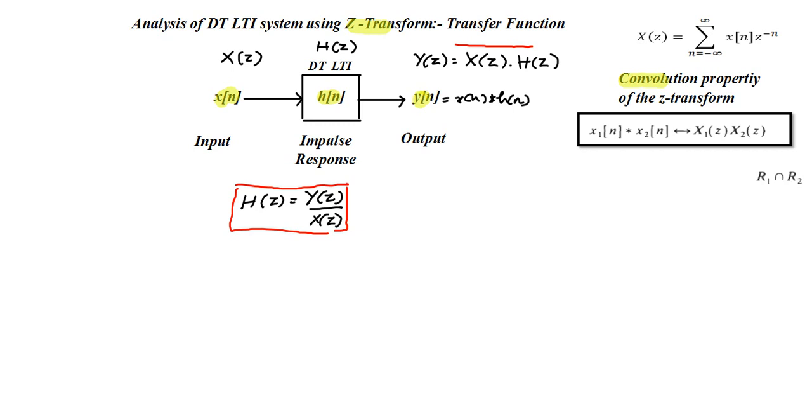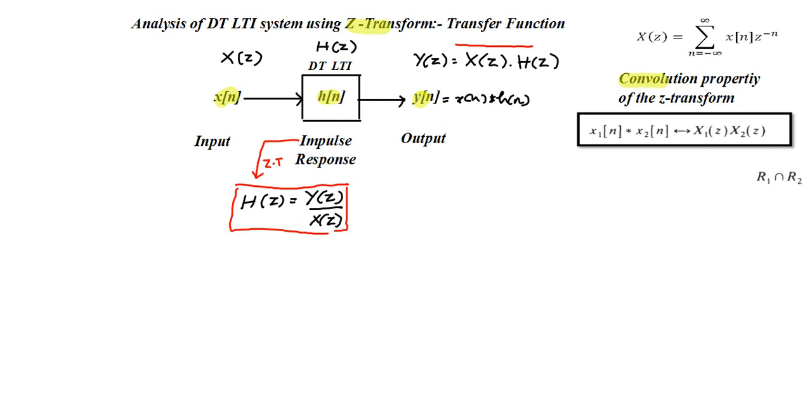If you take the Z transform of h of n, it becomes H of Z, that is known as the transfer function of the system. If you want to find the impulse response, simply take the inverse of H of Z, which is h of n. This is all about the analysis of discrete time LTI system.